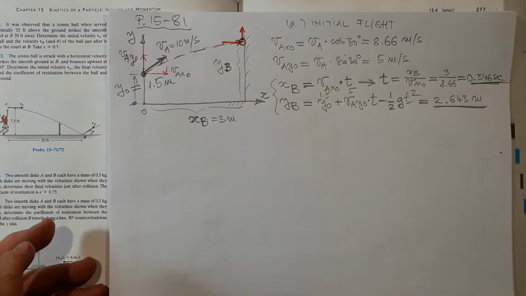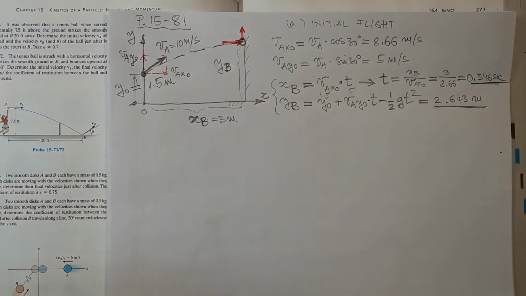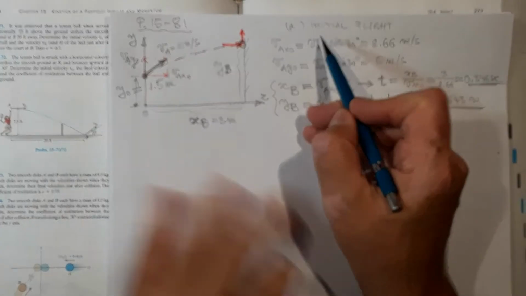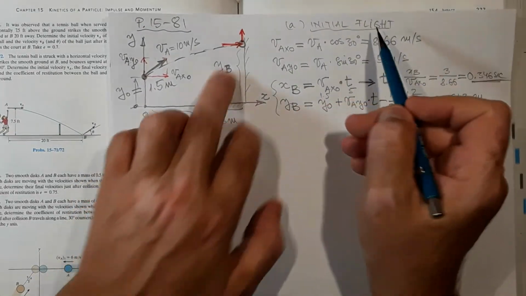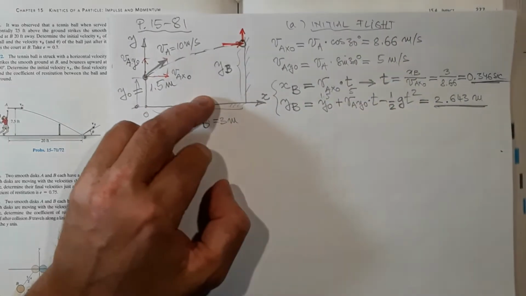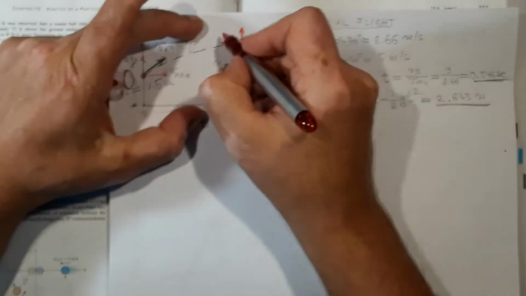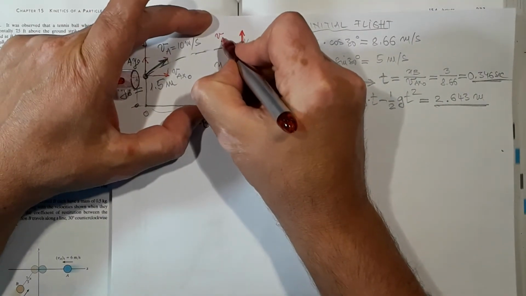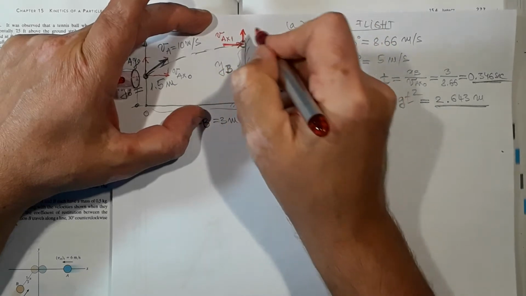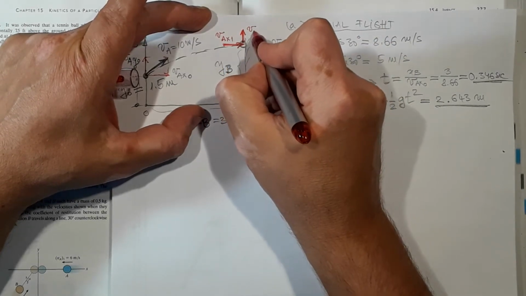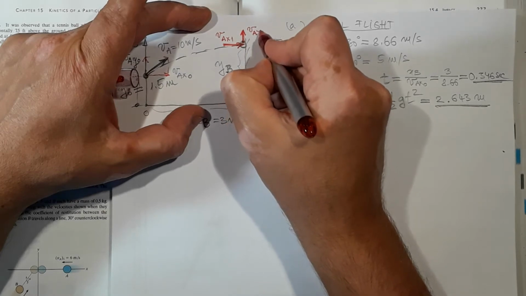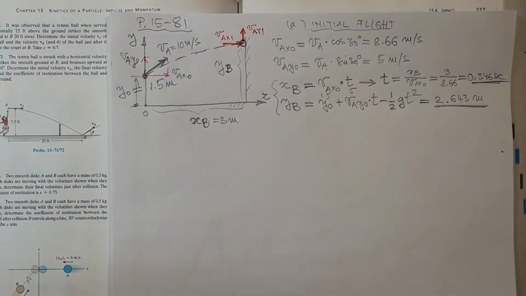But for phase B of the analysis, I need to find rather the initial flight, and what does it say? The velocity at which it strikes the wall. So I need to find the velocity. It will be the velocity of A in the x direction before impact, and the velocity of A in the y direction before impact.